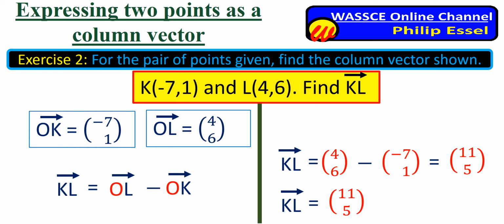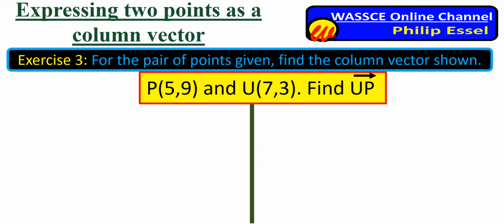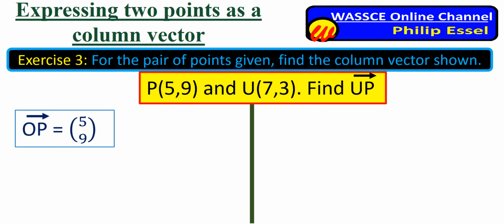Let's look at example 3. Example 3. So for this example, we have been given the point P to be (5, 9) and the point U to be (7, 3), and we are to use them to find the vector UP. First, we would convert the point P to its position vector OP, which is equal to (5, 9).